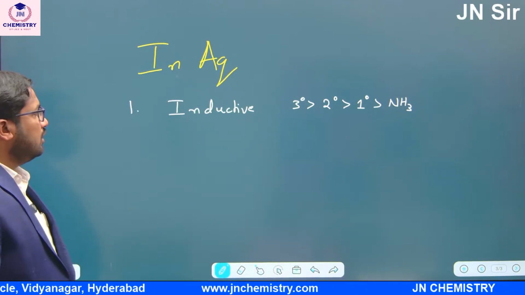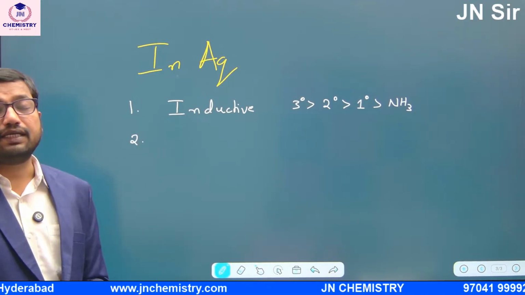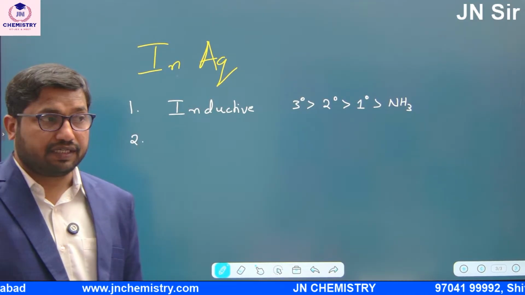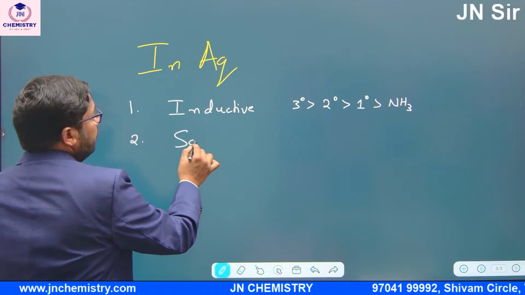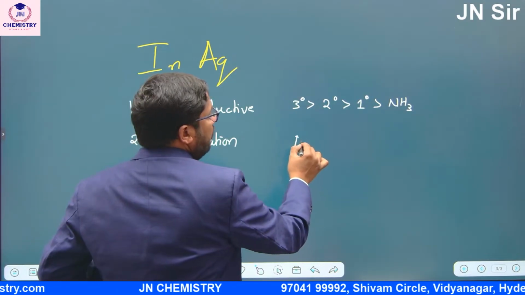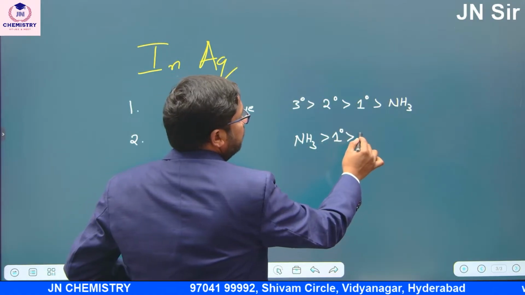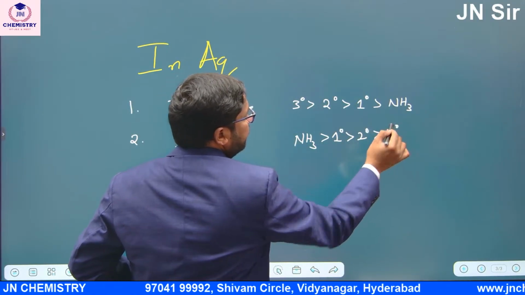But here one more important thing is coming, that is solvation effect. Solvation effect is telling the opposite: ammonia is more basic than 1 degree, then 2 degree, then 3 degree.